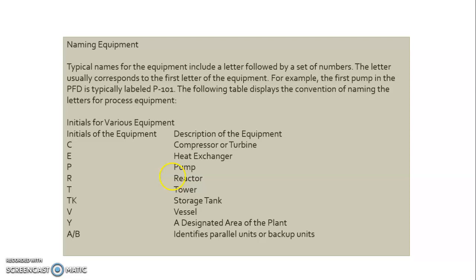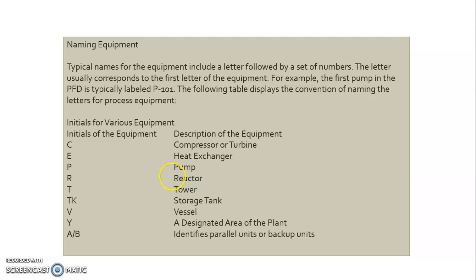Typical names for the equipment include a letter followed by a set of numbers. Earlier we saw V, and R for vector, and you can refer to this table. Okay, for example, T for tower. Instead of writing tower there, for a vessel you just put V, the alphabet.